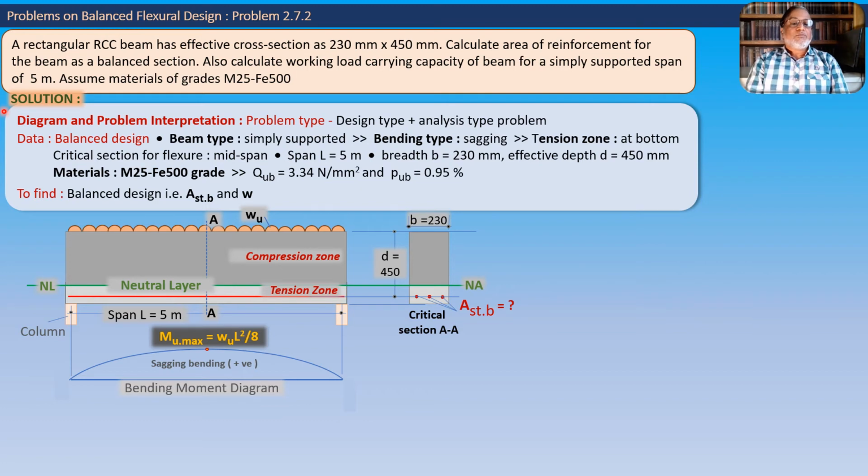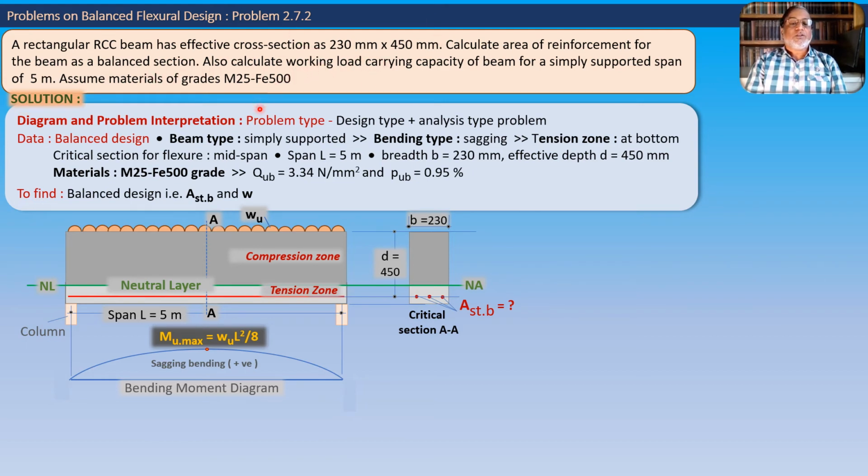If we read the problem statement carefully, we find that the effective cross section of the beam is already given, but the area of steel is not given. So this we can call a partial design problem. Total design is not expected, because total design involves cross-sectional size as well as area of steel. Here cross-sectional size is given but area of steel is asked.